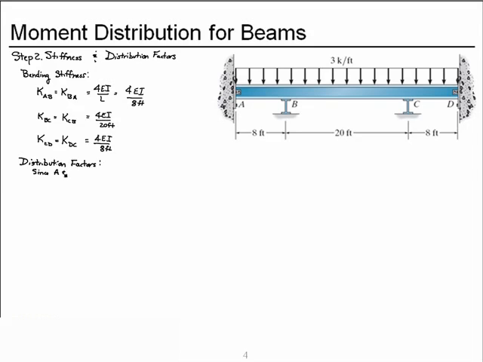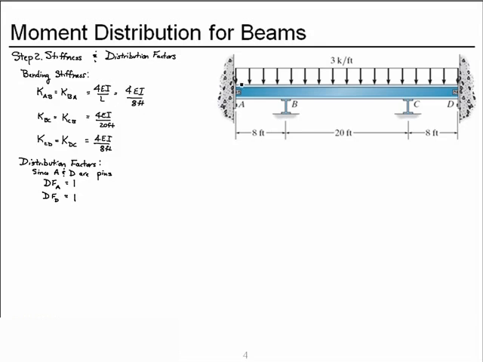Since A and D are both pinned ends, the distribution factor at A is 1, and the distribution factor at D is 1.